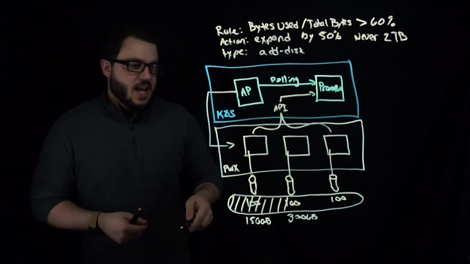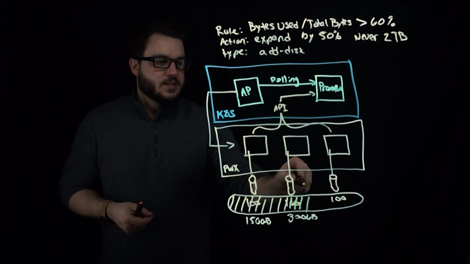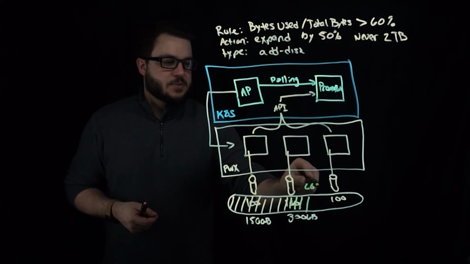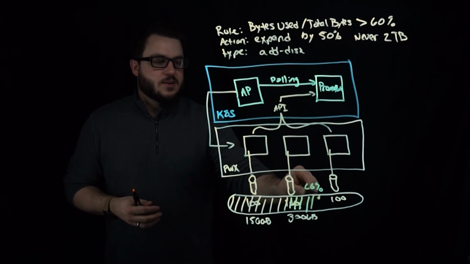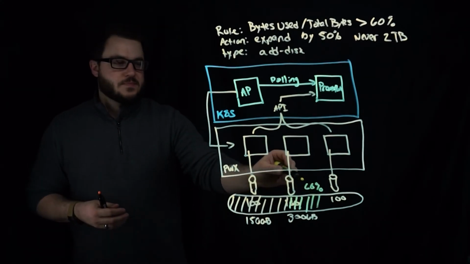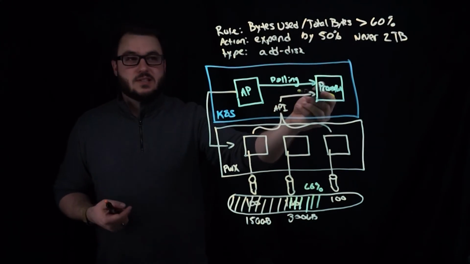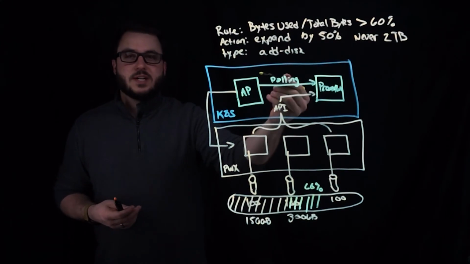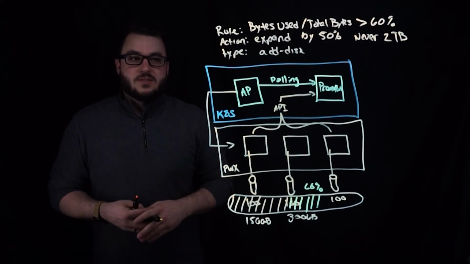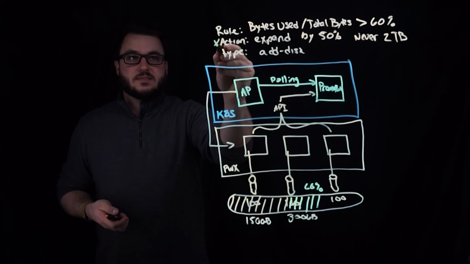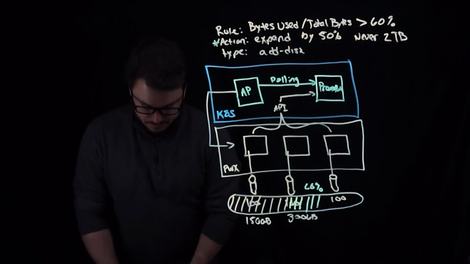So as the pool grows above our, say, 60%, which is right here, once it reaches this 60%, Prometheus is going to notice this, and therefore Autopilot's going to trigger that rule and say, hey, I noticed we've reached this threshold, so now we have to take this action. This action in this case is to grow the pool.